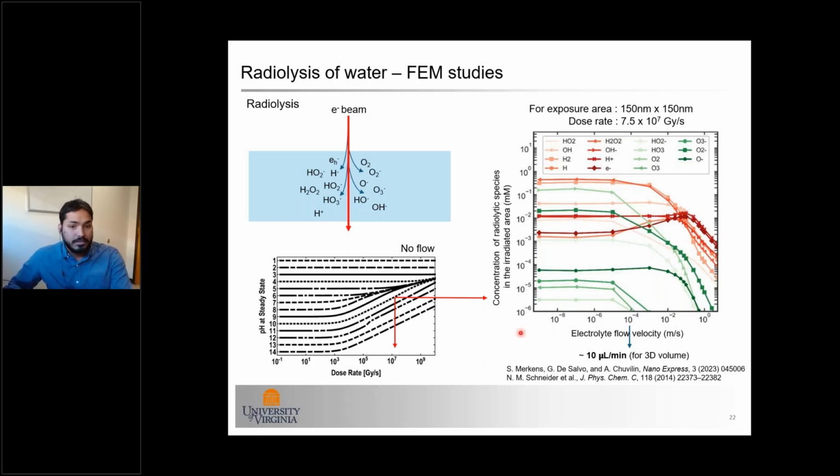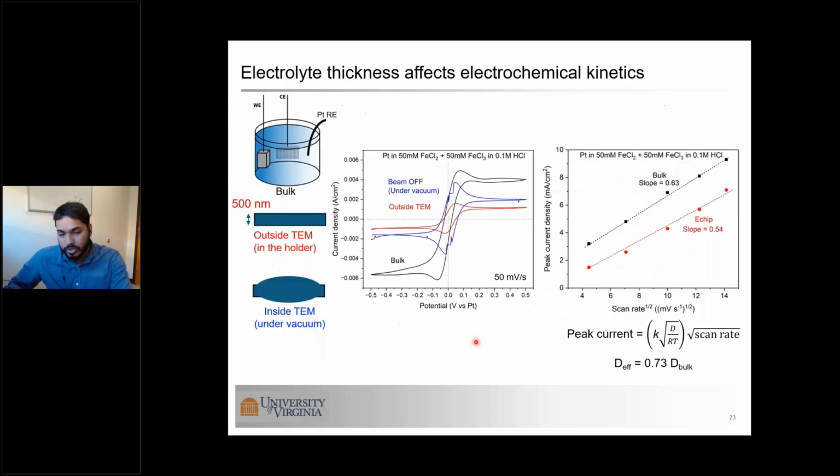But these studies use kinetic parameters obtained from bulk experiments to predict changes in a thin electrolyte setup. And that is not the right approach if you think about it, because as you can see, the limiting current we get in liquid cell TEM is much smaller than what we get in bulk experiment.